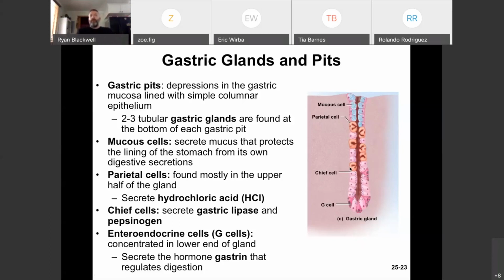So again, I know that most of you probably thought the stomach was the location of most chemical digestion. Your stomach is almost more of a holding tank. Some protein digestion occurs there. I can't emphasize this enough. Most chemical digestion and virtually all nutrient absorption is occurring in the small intestine. The stomach just kind of gets the process started. Again, it's hydrochloric acid from parietal cells, pepsin from chief cells, and gastrin from G cells.